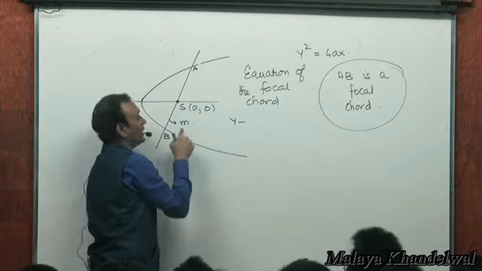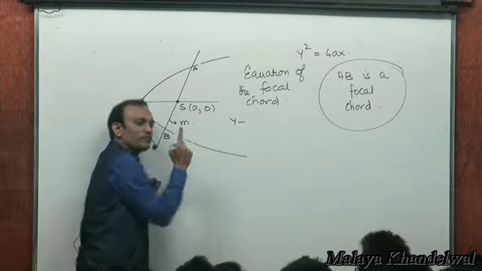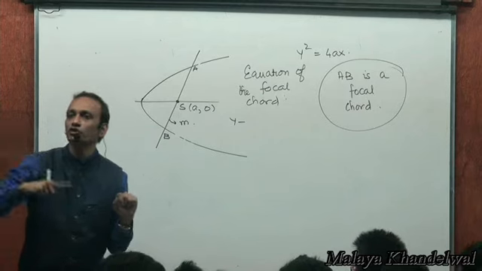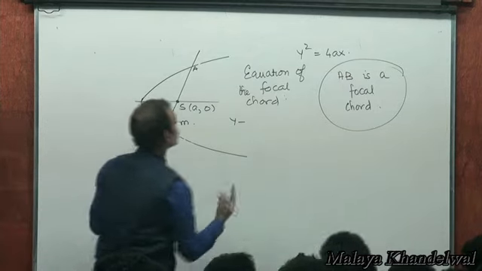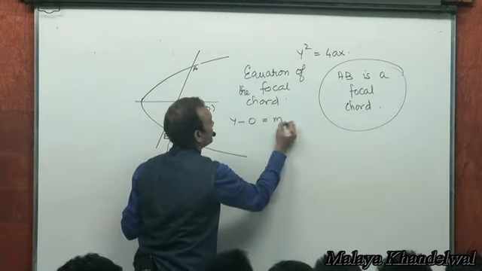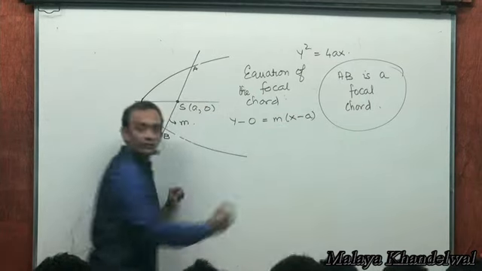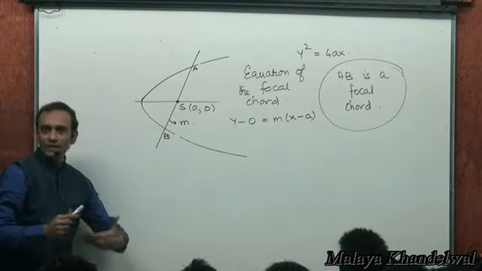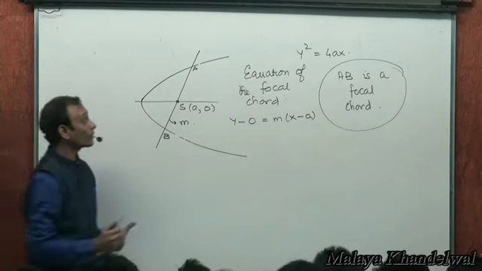It passes through (a, 0) and has slope m. Different focal chords will subscribe to different values of m, right?